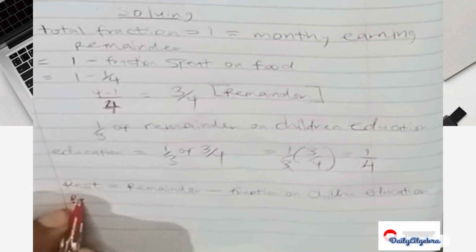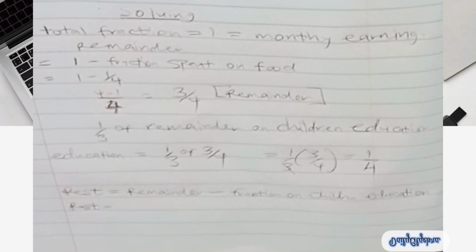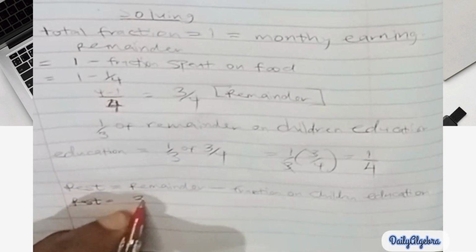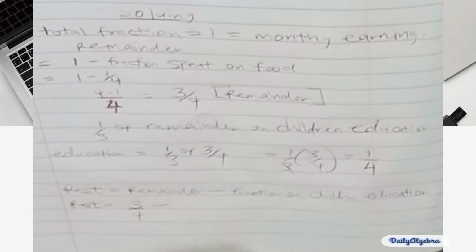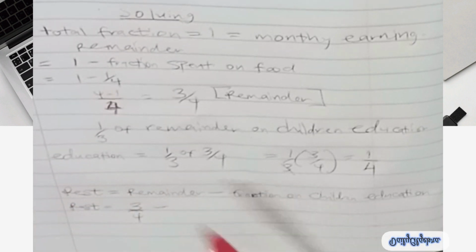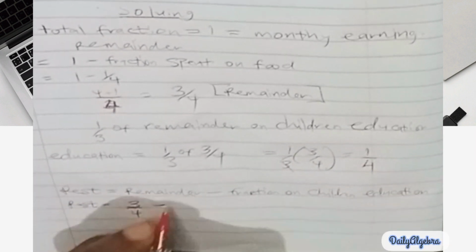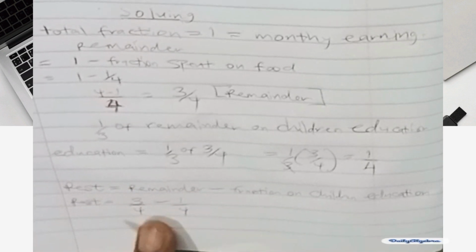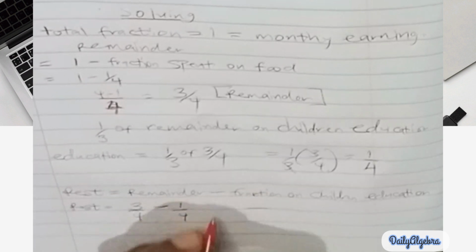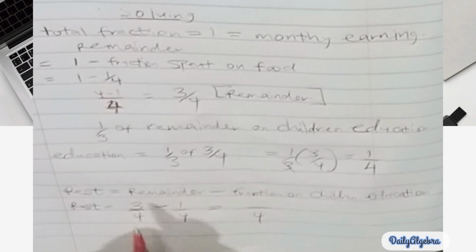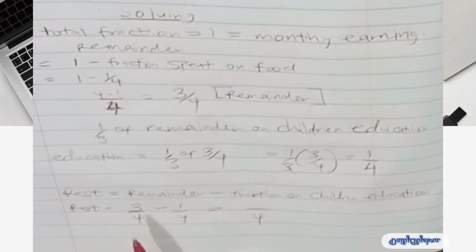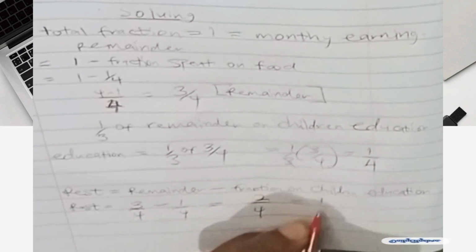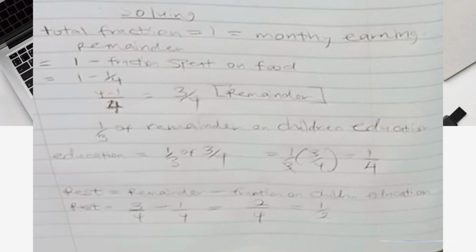So the rest will be equal to the remainder, that's 3/4, minus the fraction on children's education, that's 1/4. By solving this, you have the same denominator, so you write that, then we subtract the numerators. 3 minus 1 gives us 2, and this is 1/2.